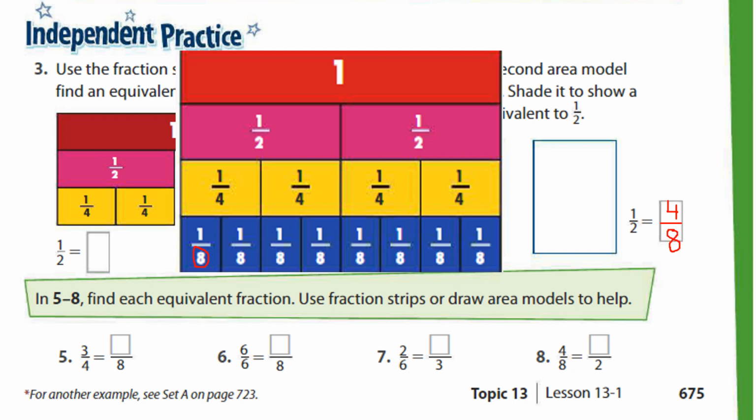For question 5, 6, 7, and 8, again, we are going to use this fraction strip or the model. Okay, so 3/4. So we can see on this side 4 plus 4, 8. So we will write 3, excellent, plus 3, 6. Very good. Okay, then in question 6, this is a whole which is equal to 1.